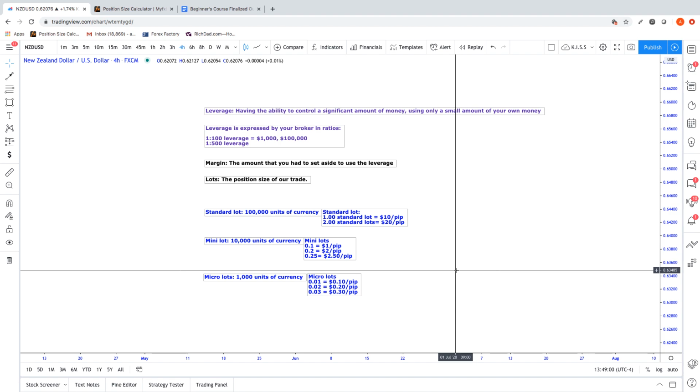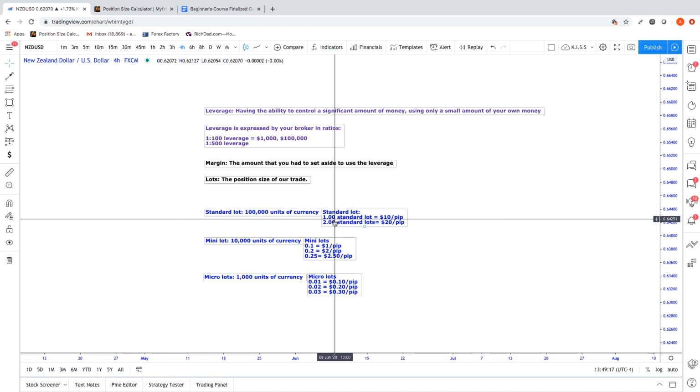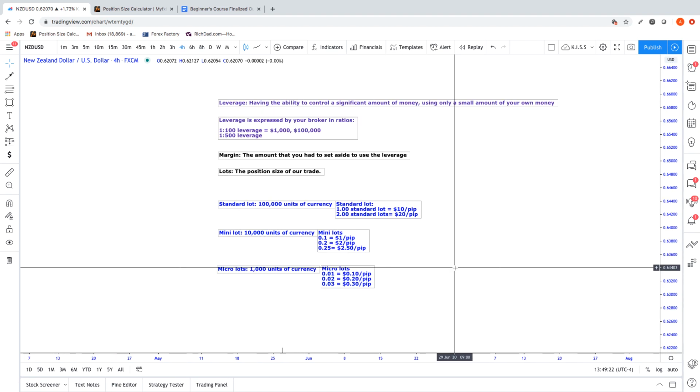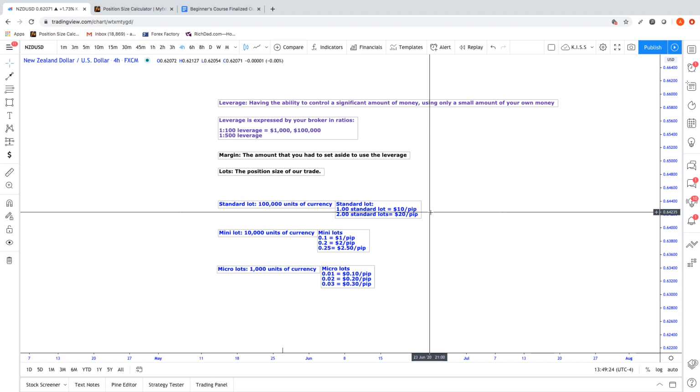The standard lot size in the market is what's called a standard lot. It allows us to take control of 100,000 units of whatever currency we're trading. A standard lot, denoted by 1.00, yields us $10 a pip.